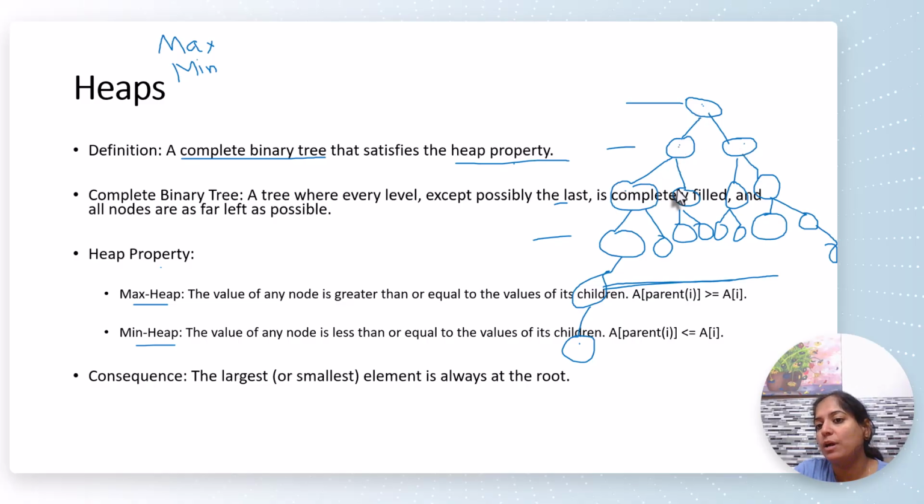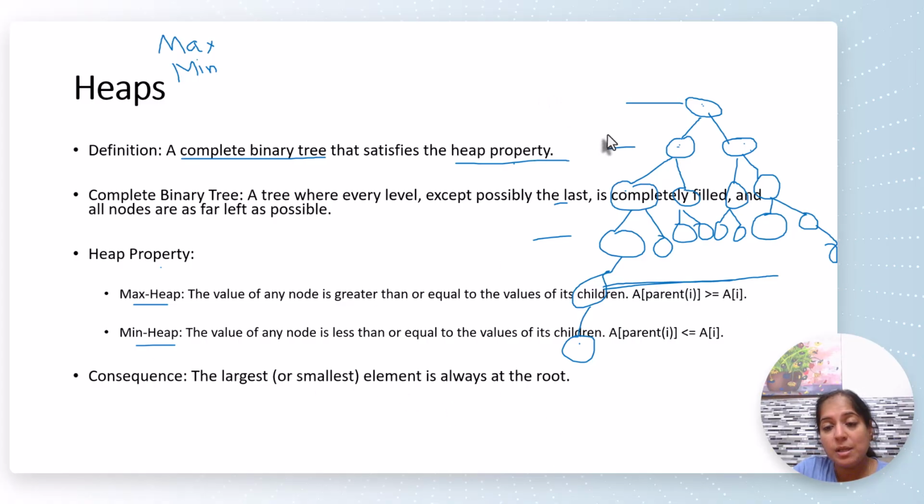For each node available in the heap, the value of that node is greater than the value of both of its children. Then it is called a max heap. And if the value of any node is less than the value of both of its children, then it is called a min heap.